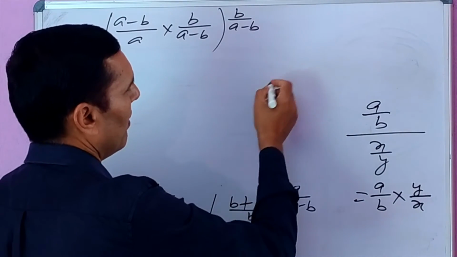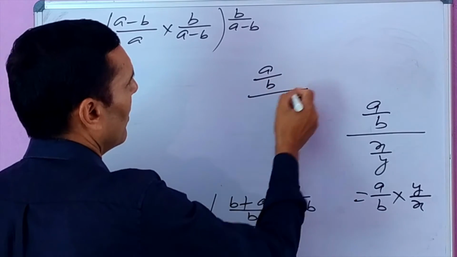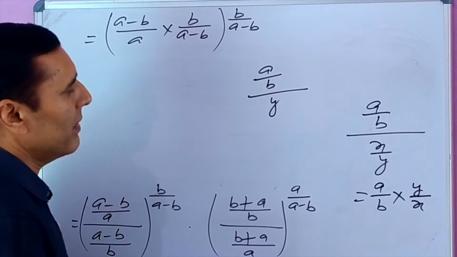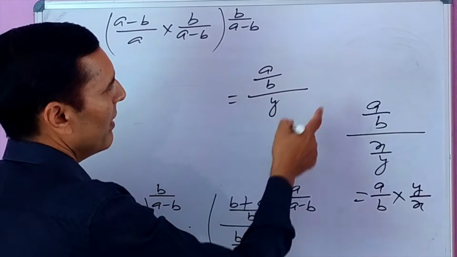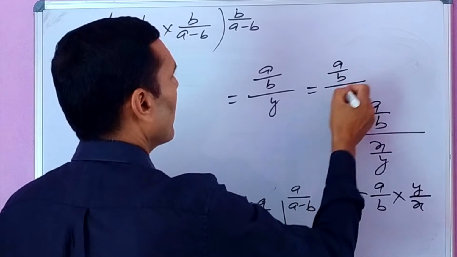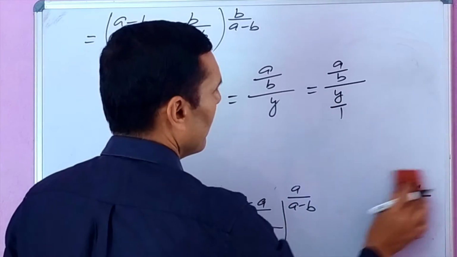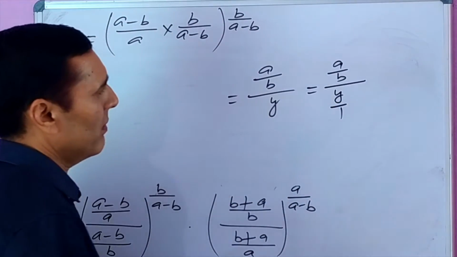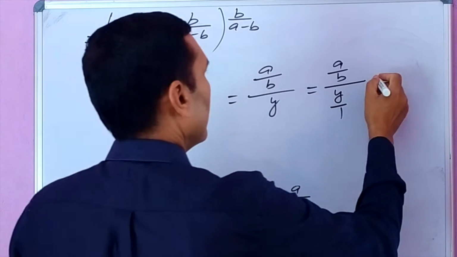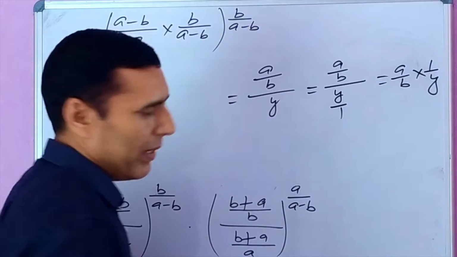Sometimes we have a single denominator, a upon b whole upon y. In this case, this is the main line. How do we reverse this? It is a upon b, and we suppose y upon 1 in the denominator. If there is a single denominator here, it is a upon b into 1 upon y.